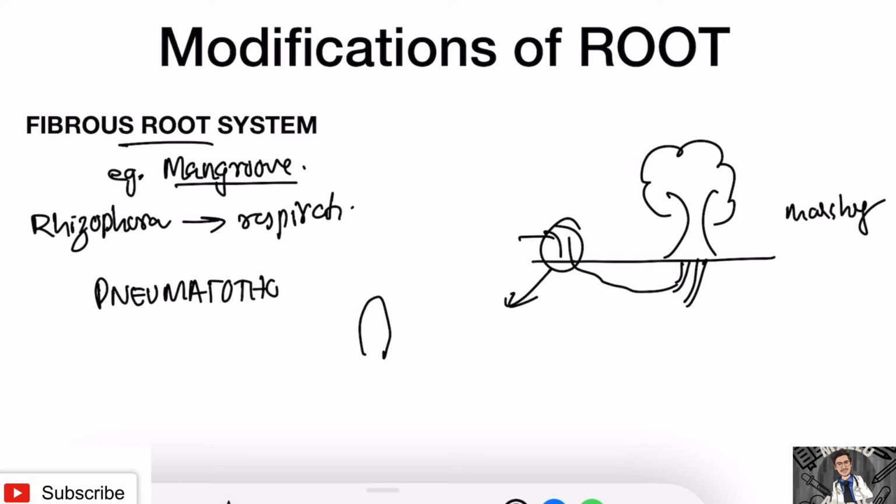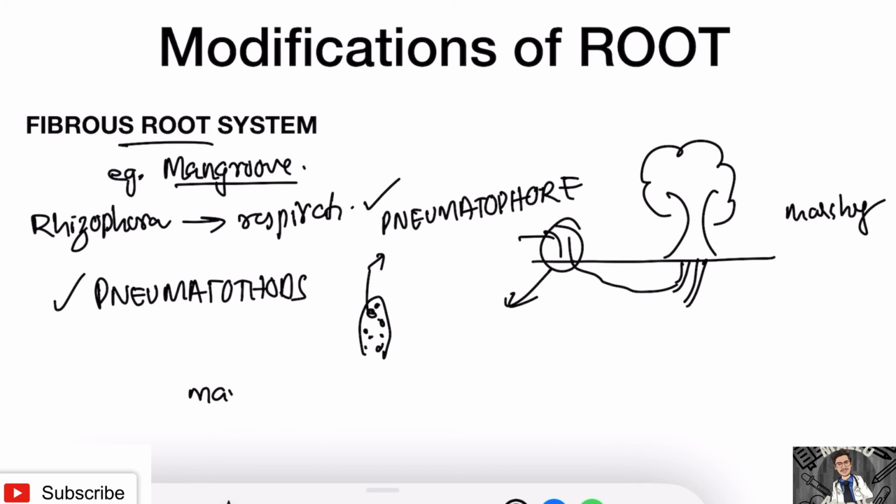If I enlarge this structure, we call them nematodes. And we have small openings over here for passage of air. These openings are known as pneumatophores. So nematodes and pneumatophores, you have to learn about this. Now speaking more about mangroves.